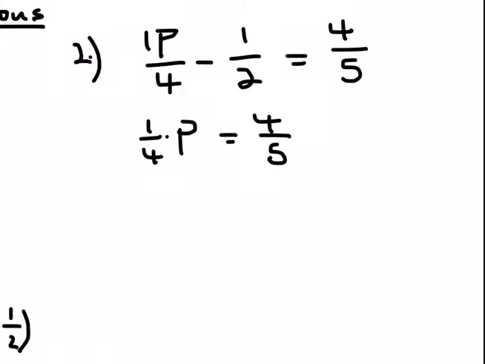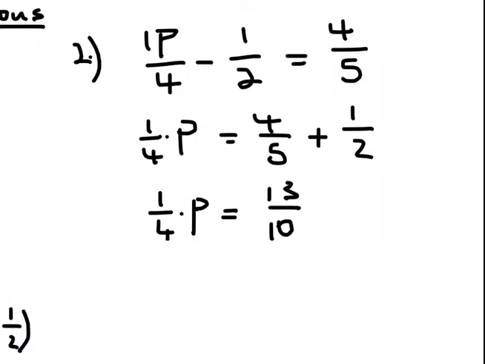And then that 1 over 2 goes to the other side, it changes the sign, it becomes plus 1 over 2. So you still have your 1 over 4 p there, which is equal to, on your calculator, 4 over 5. On the side you plus 1 over 2, and then you get 13 over 10.